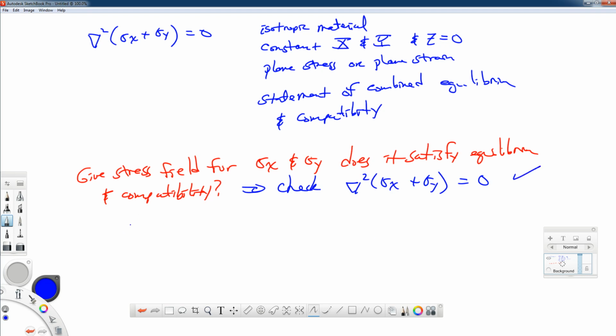And once more, it's worth writing this down again. This is a common mistake that I see. We need to write down what del squared of sigma x plus sigma y means.